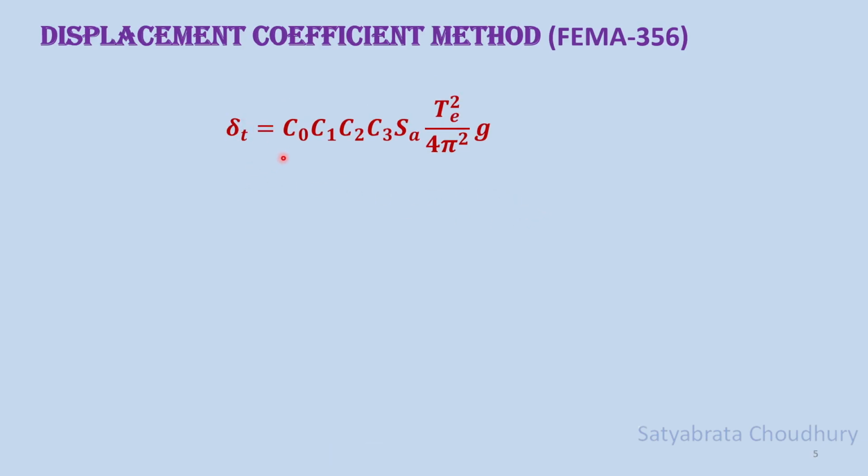Let us see the coefficients in a nutshell. What are these? C0 is the effect of conversion from SDOF system to MDOF system displacement. We are finding displacement, and this is a displacement. So if you have a multiple degree of freedom system, you convert it to generally a single degree of freedom system, and the relationship between their displacements at the top of the building is given through the expression C0.